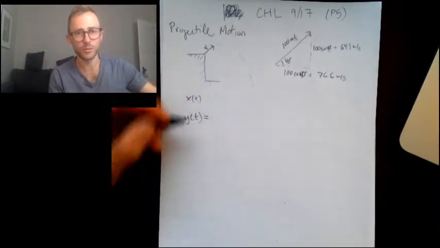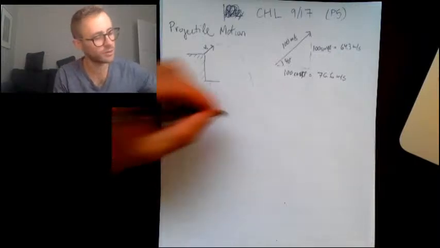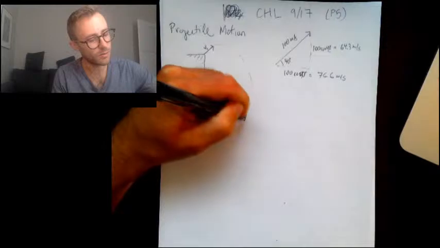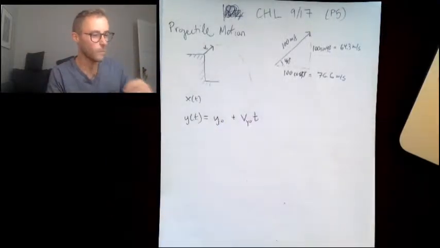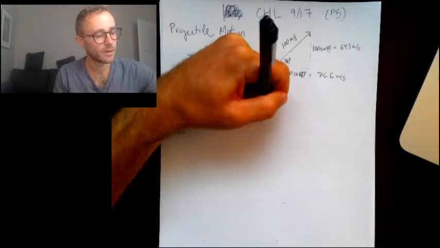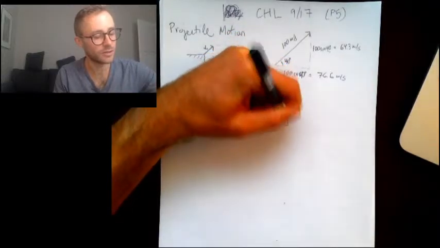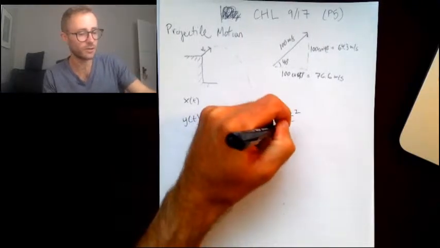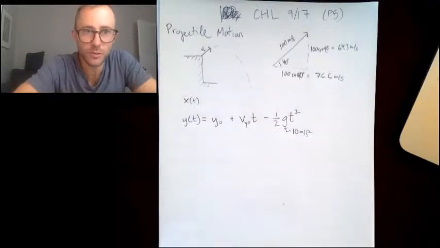I'm going to start off with the y of t. The y of t is just a kinematics equation: y naught plus v y naught times time minus 1/2 g t squared, where g is the acceleration due to gravity. g is 10 meters per second squared.